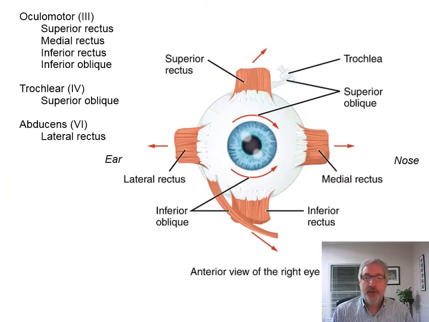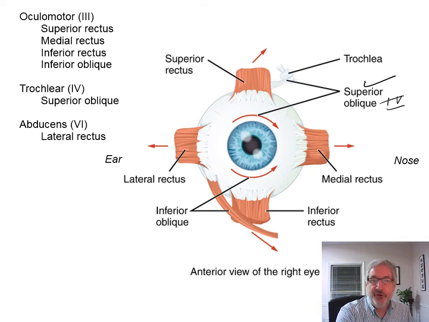Okay, next slide. I want to show you this diagram of the eye. This is the right eye, showing the different muscles. There are 6 muscles that are innervated by these 3 nerves. I'll start with the trochlear nerve, which does the superior oblique, so that's cranial nerve number 4.